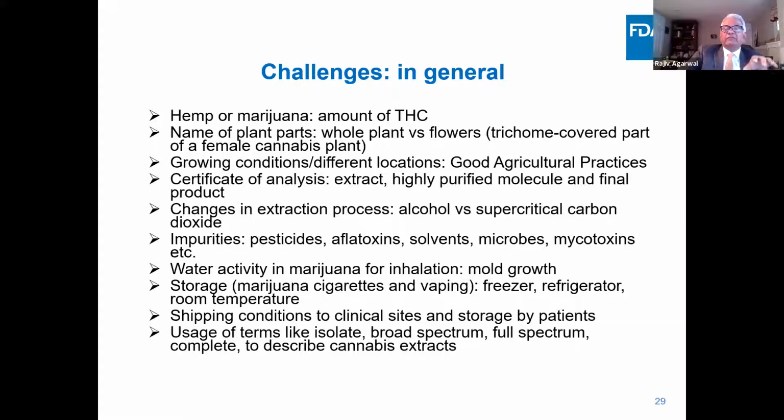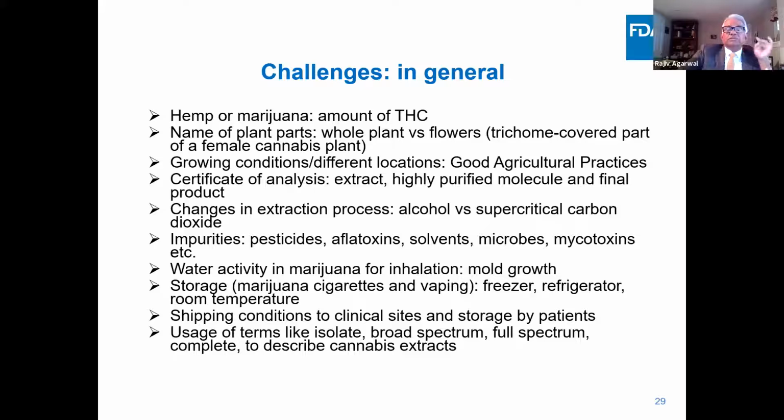It has to be very well defined how you store those cigarettes, because these are natural substances. If you keep your bread in the fridge for a long time, it will develop mold. Marijuana is no different. So it needs to be controlled how long you keep it and when to finish your supply. These are important for patient safety as well as the ultimate quality of the product.